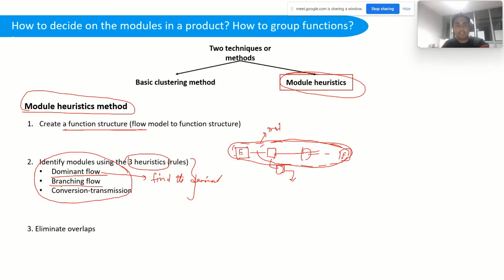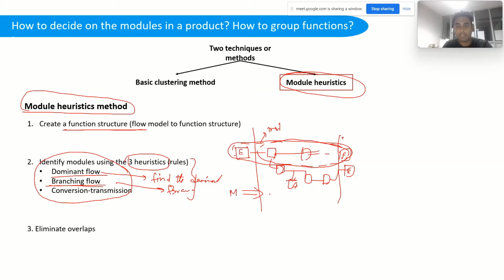Similarly, there can be branching flow. Next you identify branching flow. If there is some sort of branching happening, in order to again end up having some sort of output, not only for energy, it can be for material also.